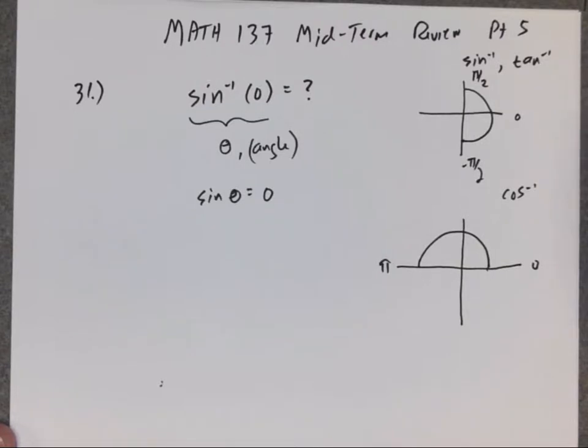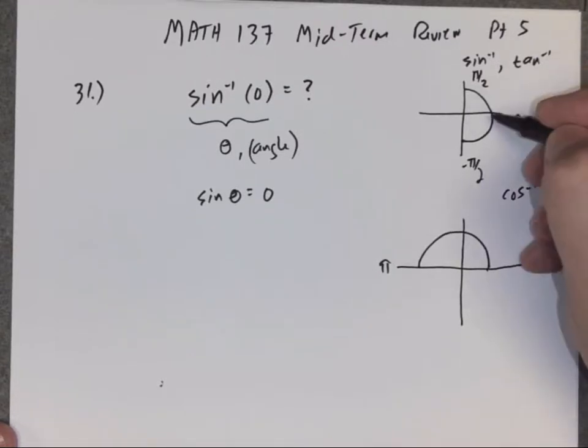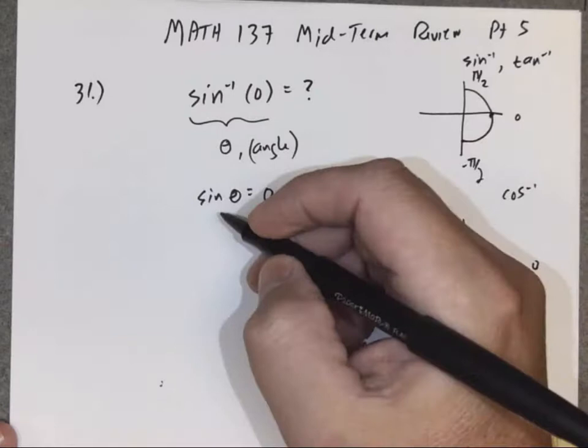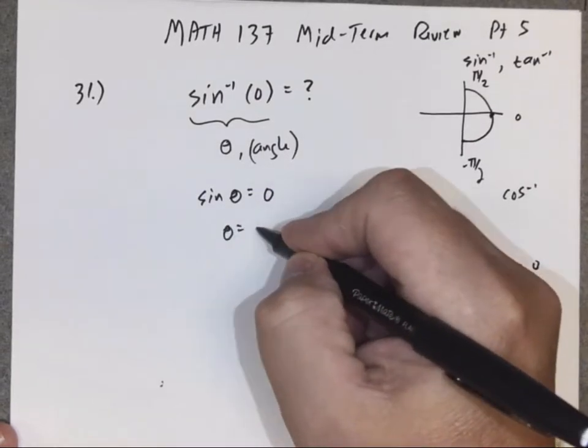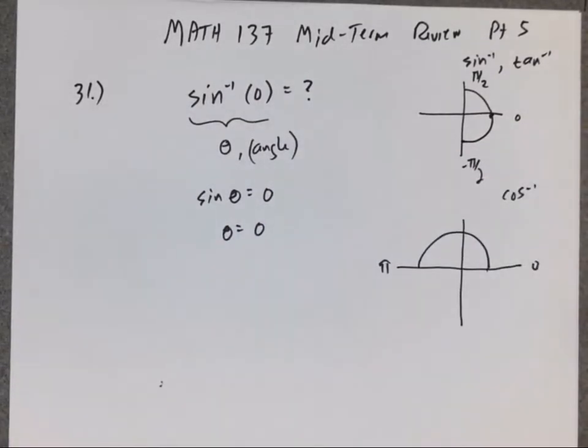Now in this case, it's pretty simple. It's right here, which would be 0 radians. All right, that's not too hard. Let's see if there are a few more on here.